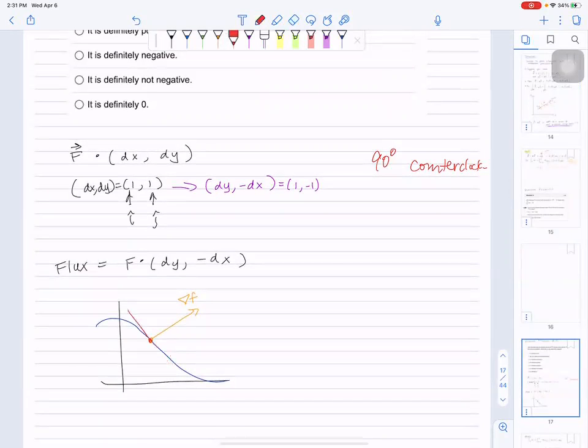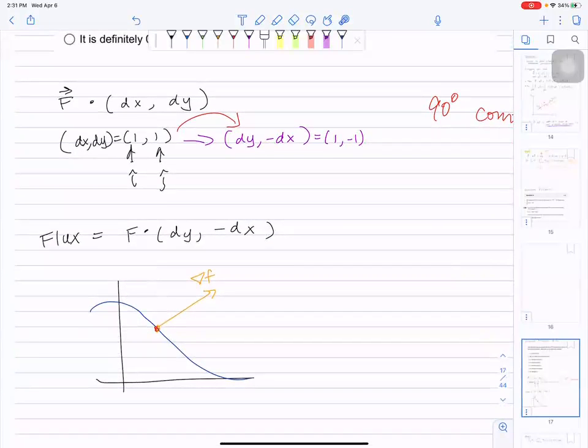Anyway, so we have, this is our dx bar. In question 9, we had our gradient orthogonal to our tangent line, and we got that the dot product is 0. But now, based on this red transformation, we're moving our dx bar 90 degrees counterclockwise, because now we're considering the flux.